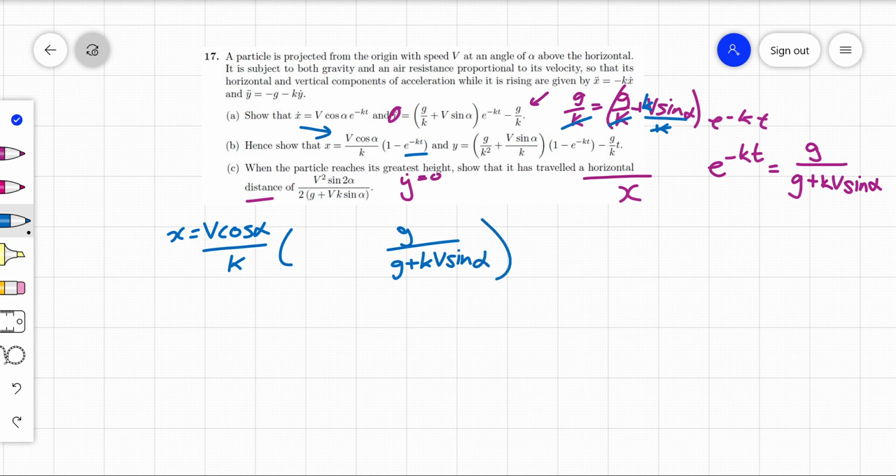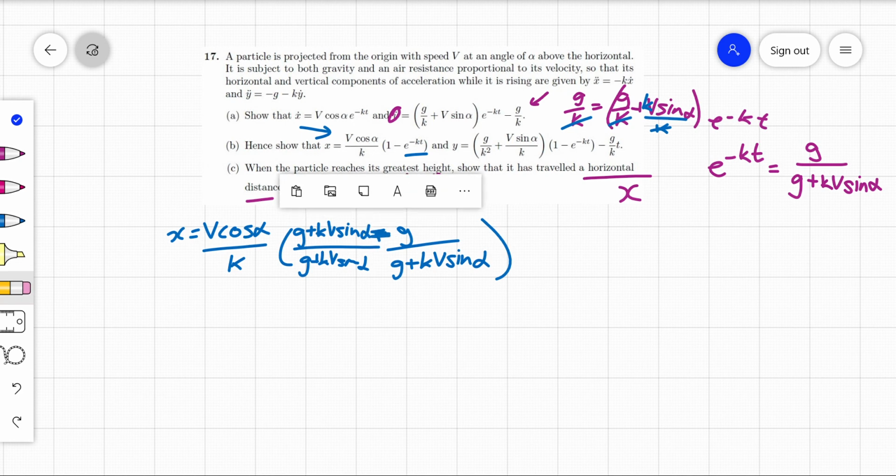I might make the 1 into g plus kv sine alpha on g plus kv sine alpha, just so it's easier to do. So let's actually make that a common denominator.